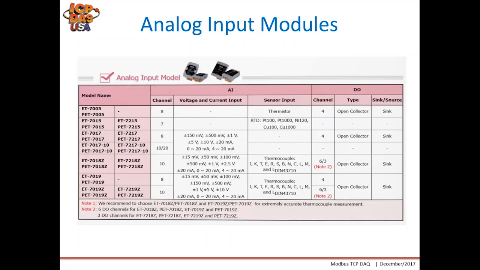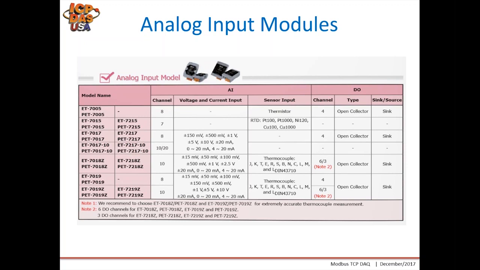Okay, for analog input modules, we have these different variations. Starting with the ET 7005, that's our thermistor input module. We do not have a PET 7200 model for that yet. We may in the future, but these are our current selections. Note that for most modules we have an ET 7000 series.